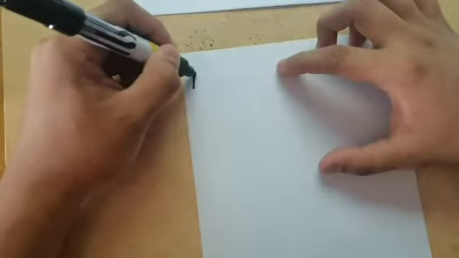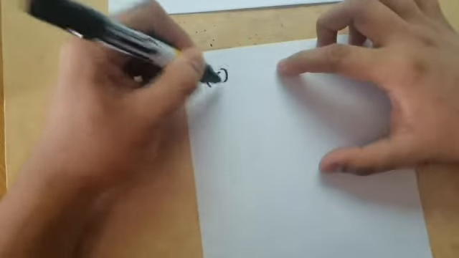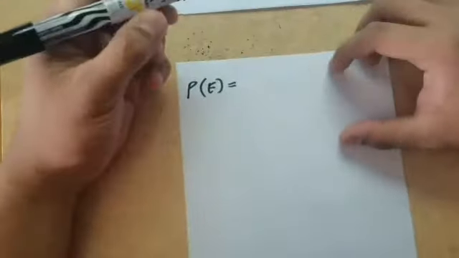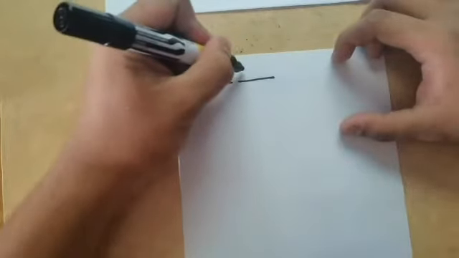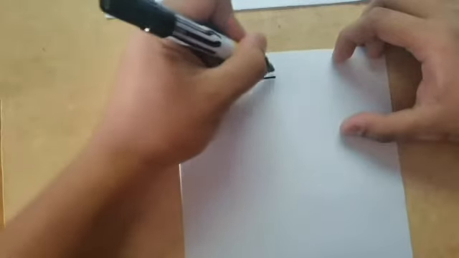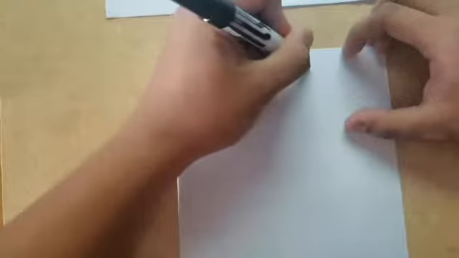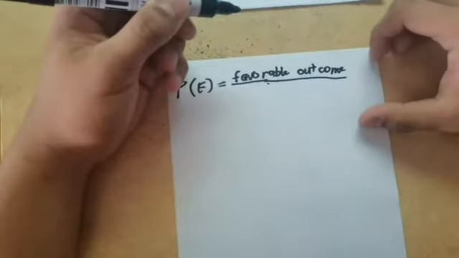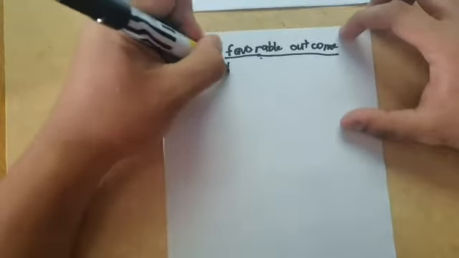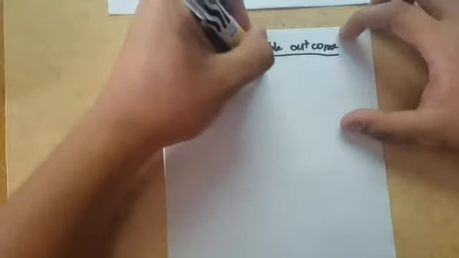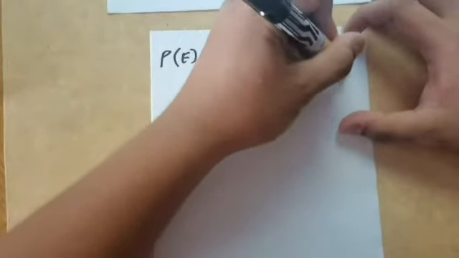So in probability problems, the probability of an event that will happen is equal to the favorable outcomes all over the total number of outcomes.